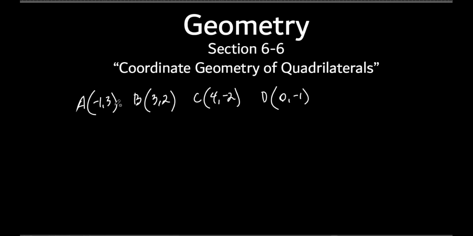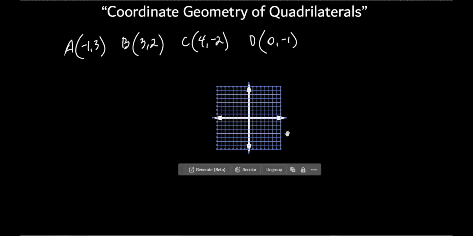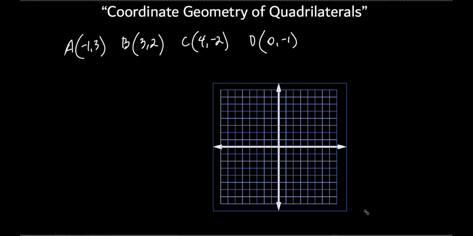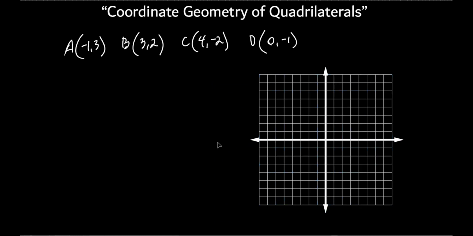So what I'm going to do, I'm going to grab me some graph paper over here. Put it there. And what we're going to do is we're going to plot it. I think it's easier if you actually see it than just try to figure out just from those 4 points. You probably could, but I'm not going to.